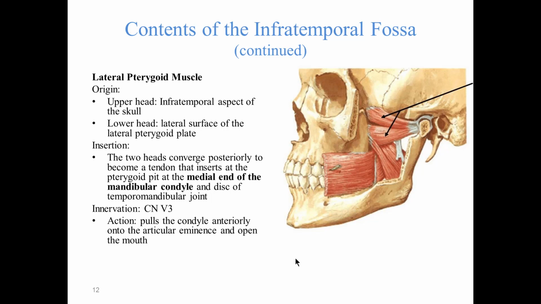One of the contents of the infratemporal fossa is the lateral pterygoid muscle. The lateral pterygoid muscle is a masticatory muscle and is a short and thick muscle consisting of two heads, the upper head and lower head.